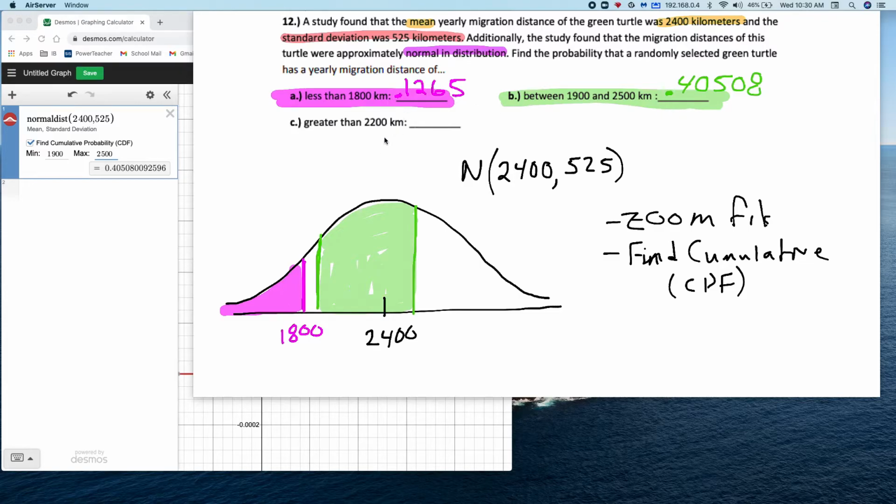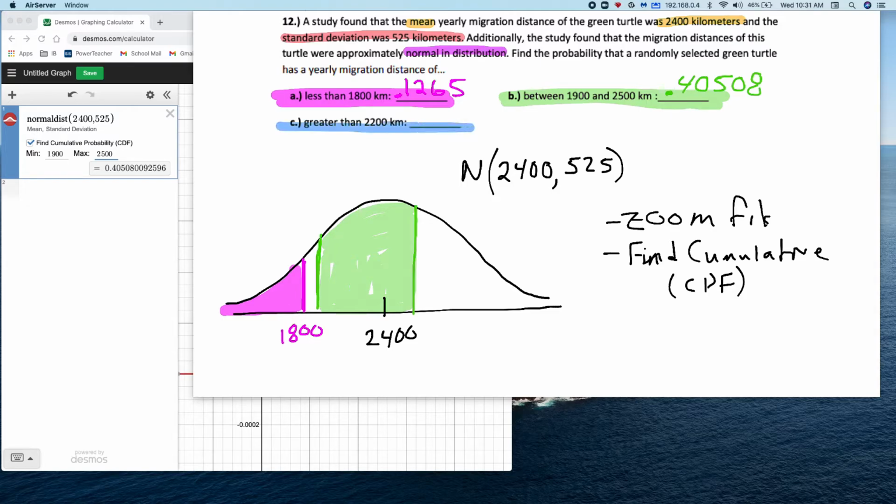The last thing is greater than 2,200. Same thing here, but now we're going to go greater than. Let me highlight this one in blue.